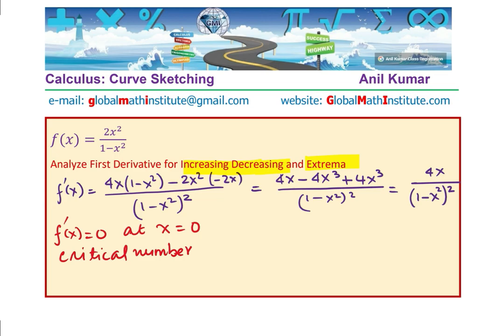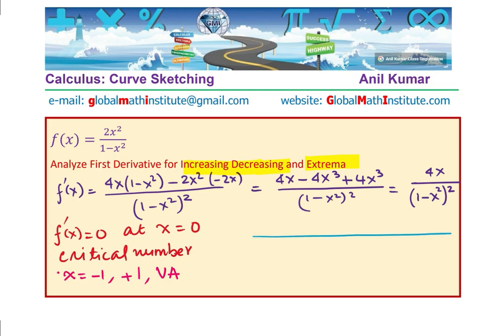So those are also critical points where the derivative does not exist, and those points could help you to understand increasing and decreasing behavior. So we see the other critical numbers at x equals minus 1 and plus 1, which are the vertical asymptotes. Strictly speaking, the domain is divided by the vertical asymptotes, so while analyzing the first derivative, it's a good idea to analyze all these points.